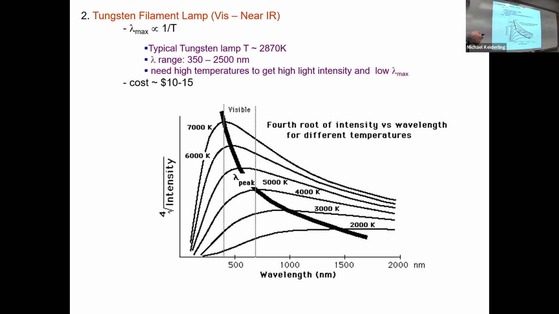So the higher the temperature, the lower the wavelengths you get out of it. But they're cheap. The wavelength max is inversely proportional to the temperature, and they cost $10 to $15. Also, if you run them hotter, they don't run as long. The rate of decay is also proportional to the temperature you run them at.